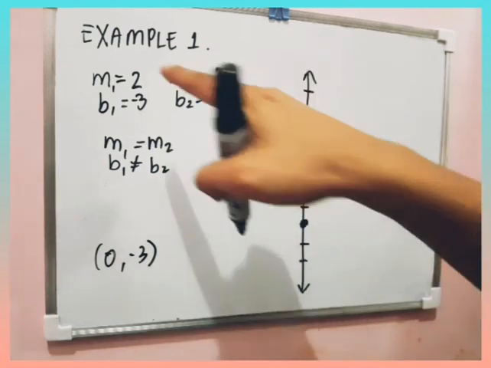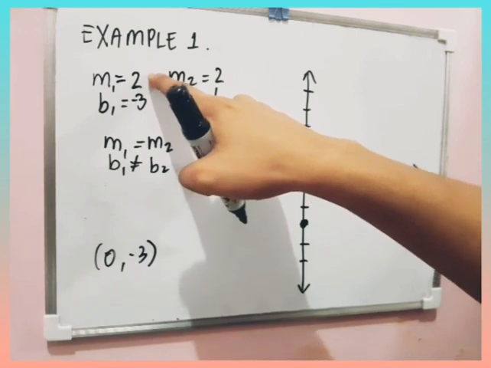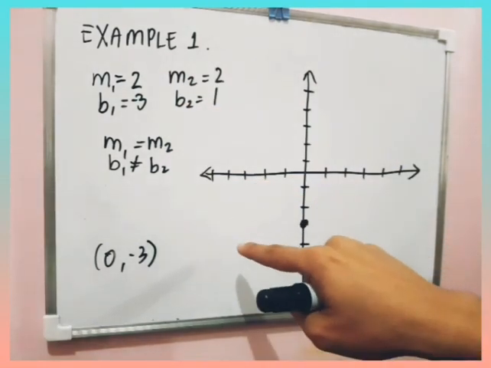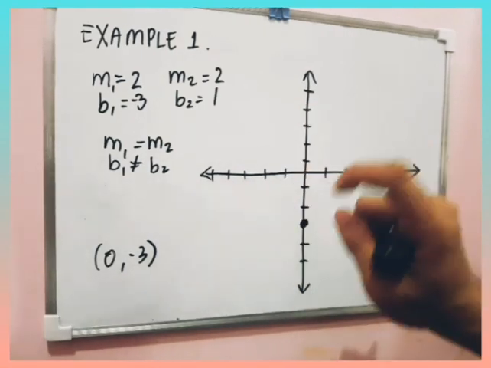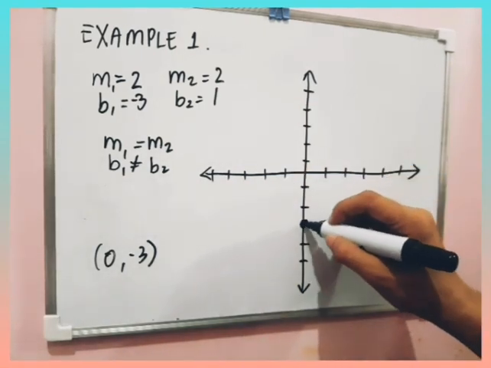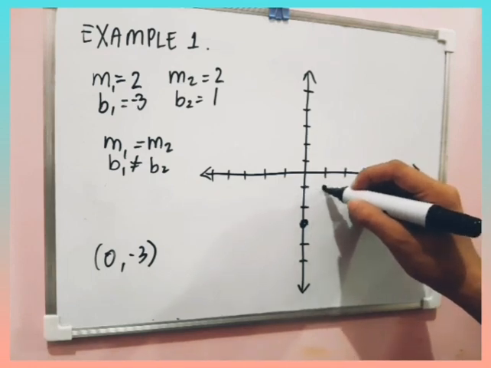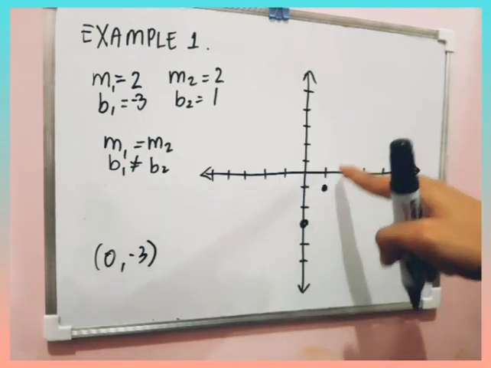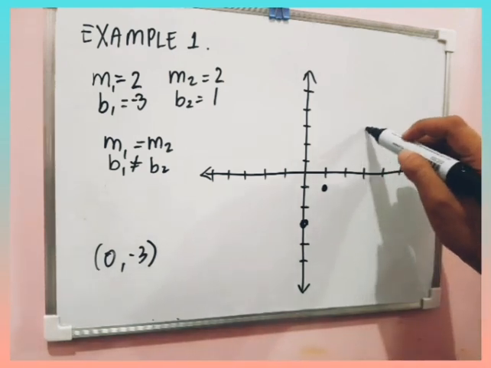And then for our slope, remember the rise over run. Since it is positive, we have to move 2 steps upward and 1 step rightward. Okay, so 1, 2, and then 1. So this is the graph of our first given.